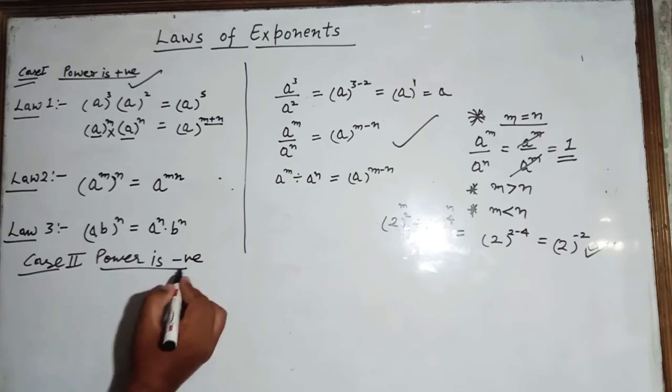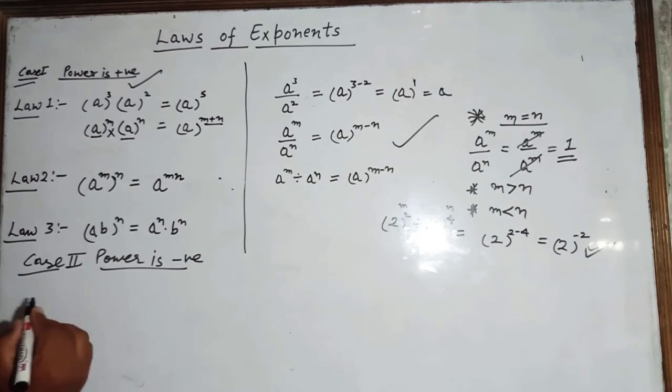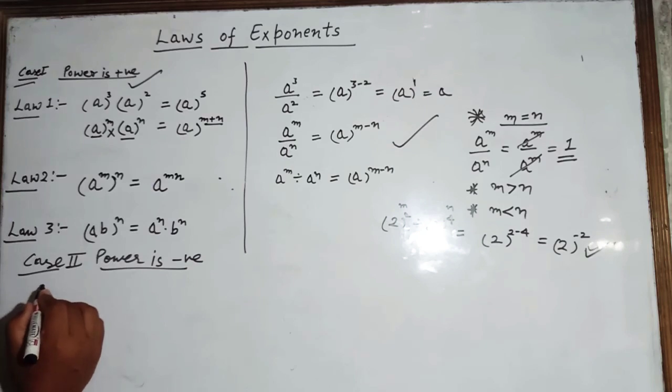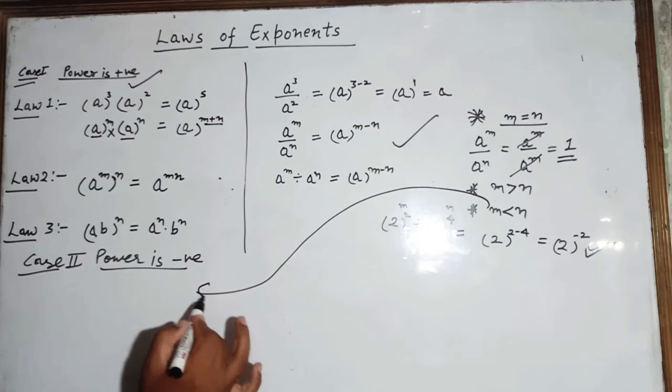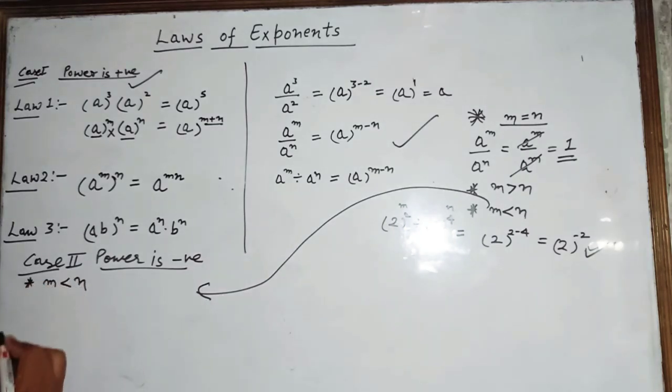You will see here, if the power is negative, like in this our result is, when in division it will be that second case. You can see here, only when n is greater than m can this happen.